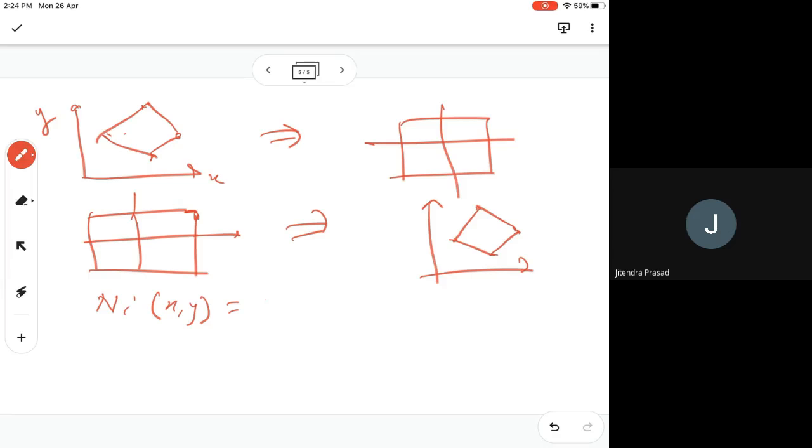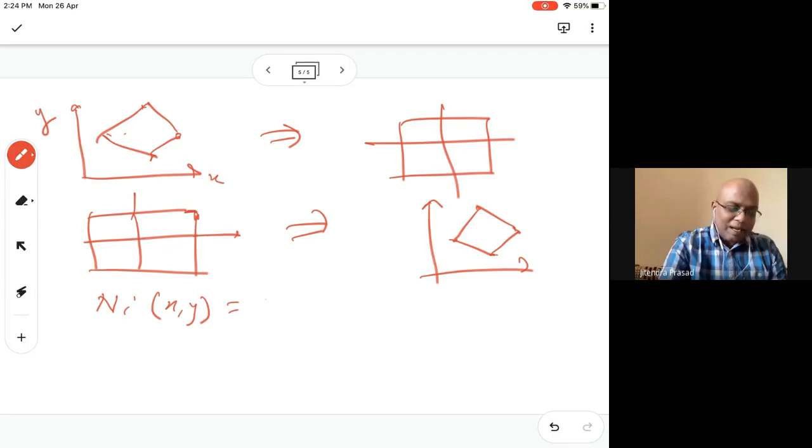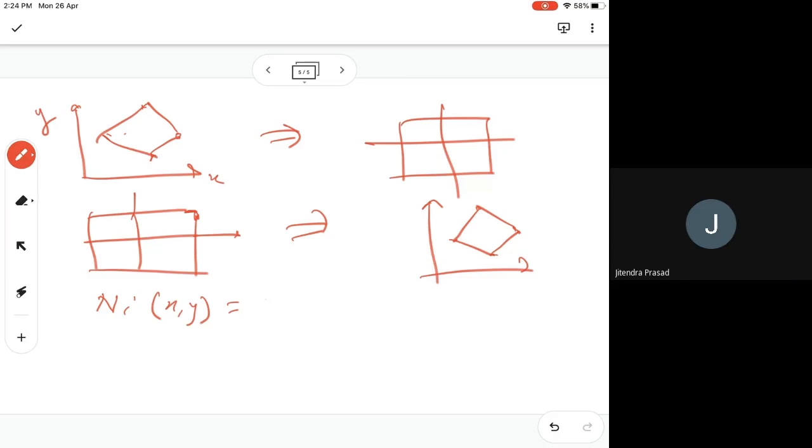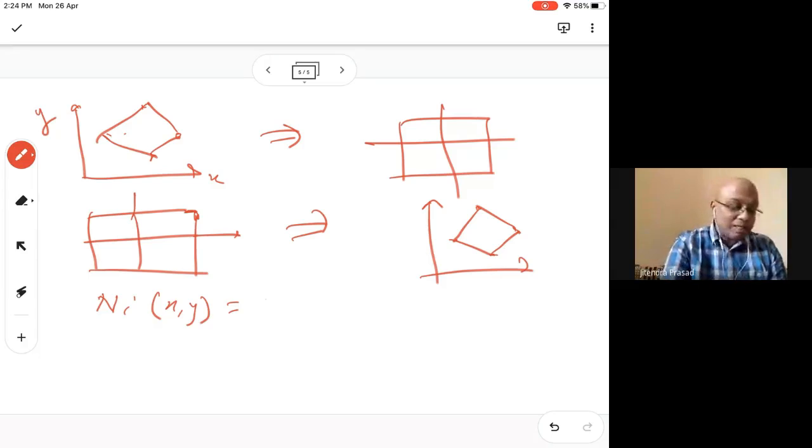In fact, if we had to derive any xy without using the isoparametric element, if we had to derive the stiffness and the shape function, then we could have written something like this: nixy is alpha 1 plus beta 1 x plus gamma 1 y plus delta 1 xy.